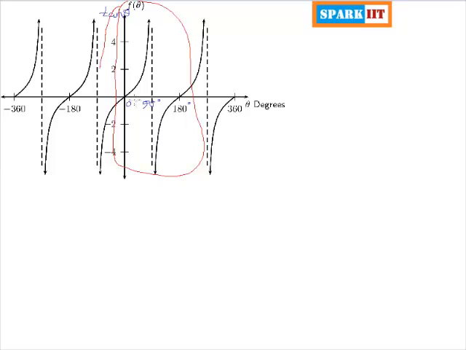So you see, when theta moves from 0 to 90 degree, tan theta increases, and when theta moves from 90 degree to 180 degree, then also tan theta increases.